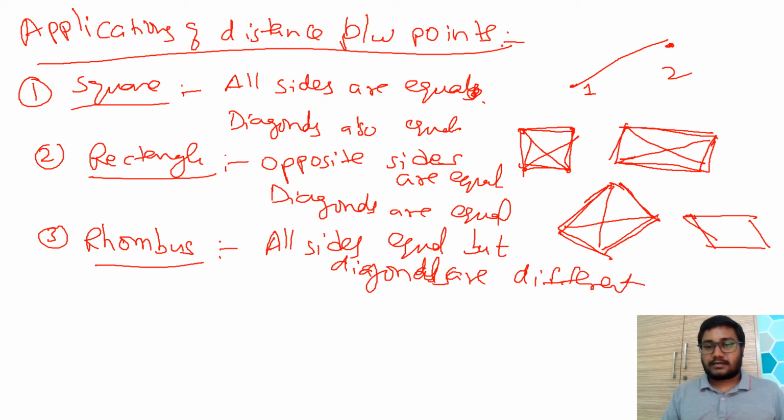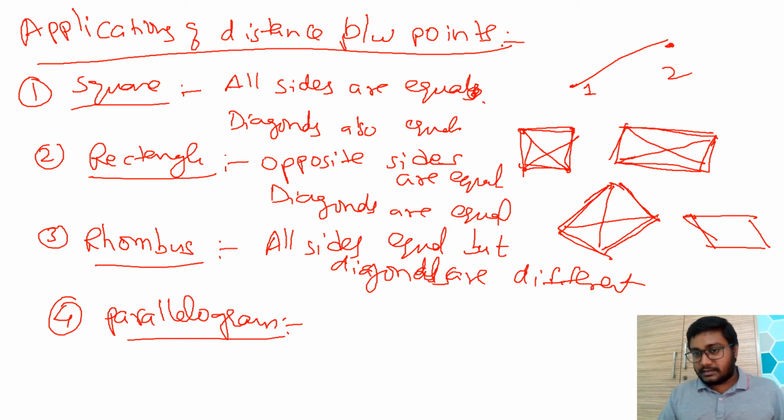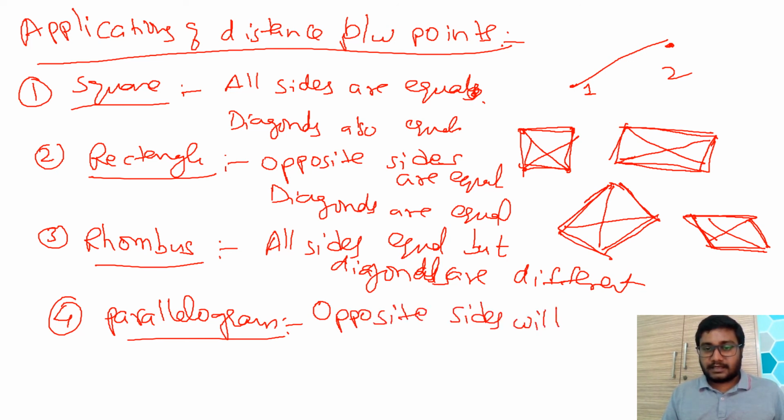And similarly, when coming to a parallelogram, its properties are a little bit similar to a rectangle. The opposite sides will be equal, but the diagonals will not be equal.